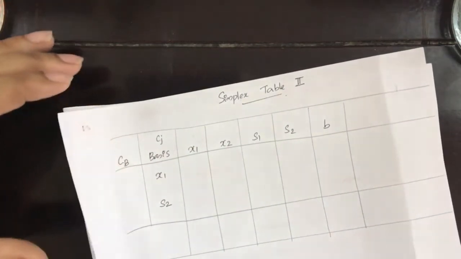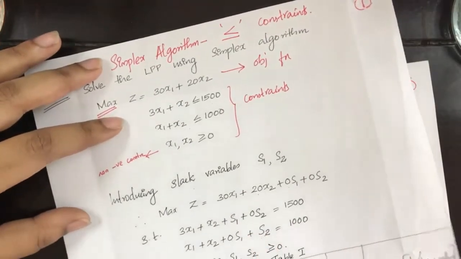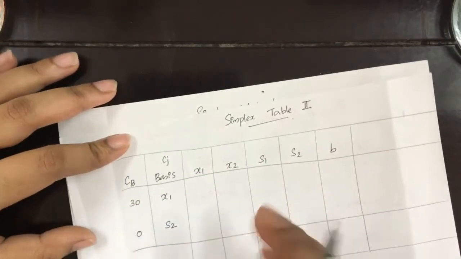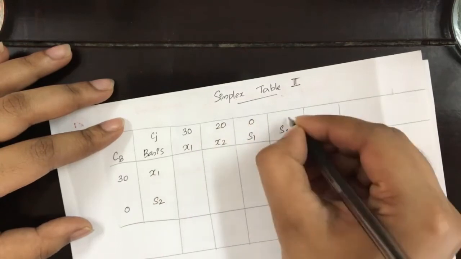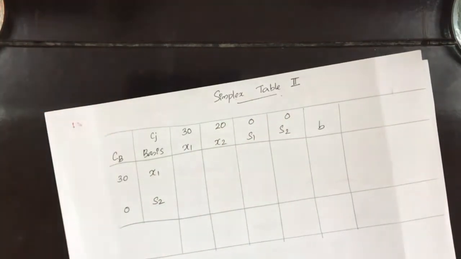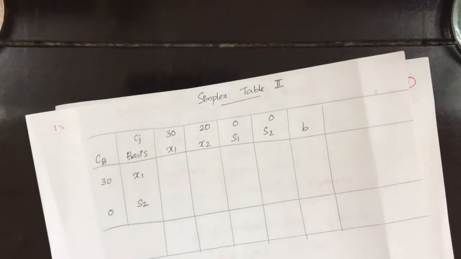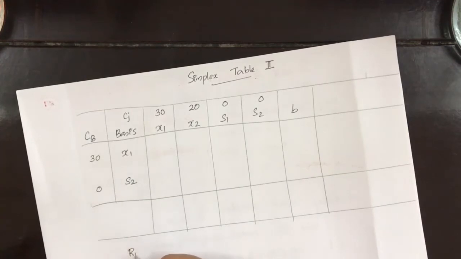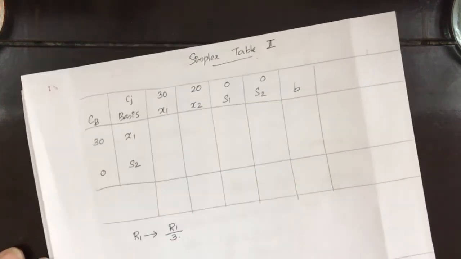The cb value for x1 is its objective function coefficient, 30, so here it should be 30, 0. The cj values are 30, 20, 0, 0. Now we convert the key element into 1 by dividing: row 1 changes to row 1 divided by 3.